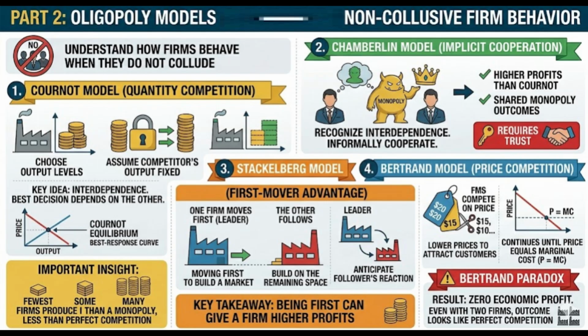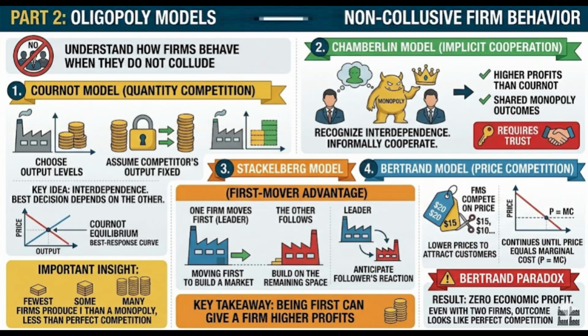Number four, Bertrand model, also called price competition. Here, firms compete on price instead of quantity. What happens? Firms keep lowering prices to attract customers.